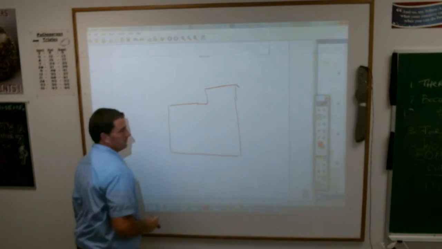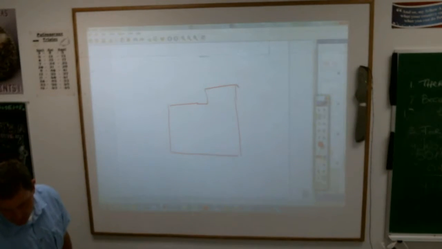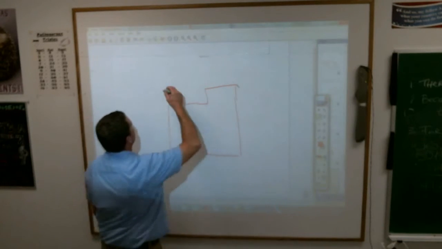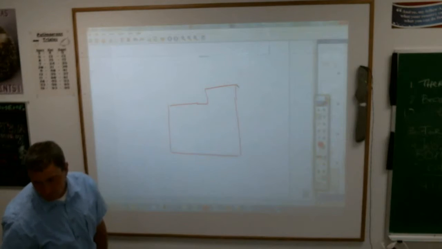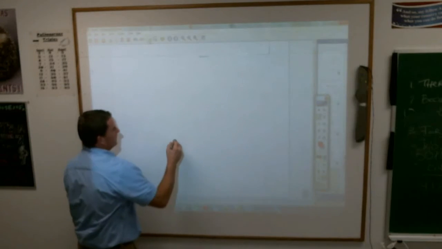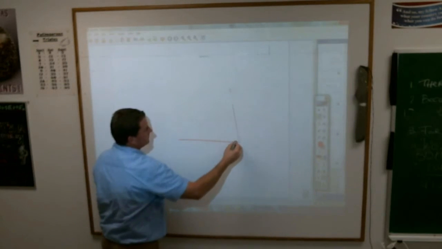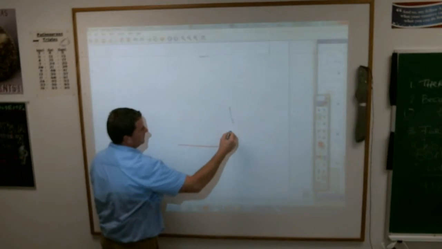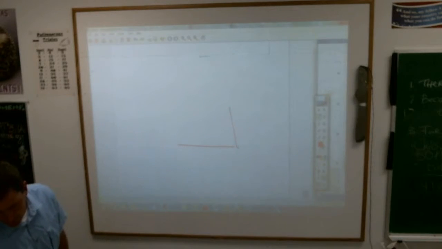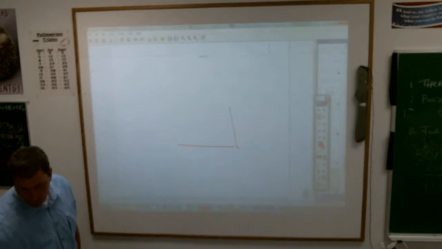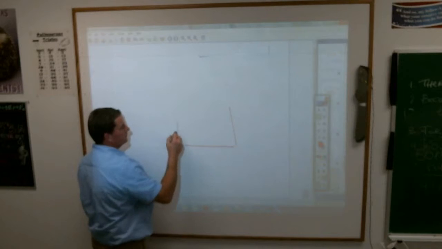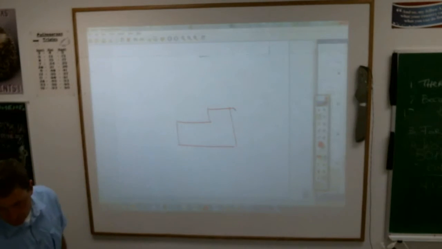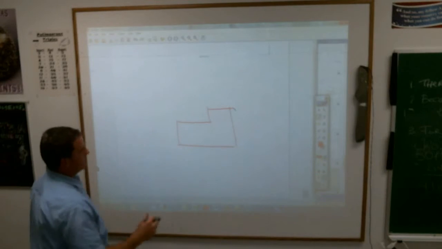What if I have this shape that looks like that and its dimensions are 10, 5, 12, 6? Yeah, 10, 5, 12, and 6.